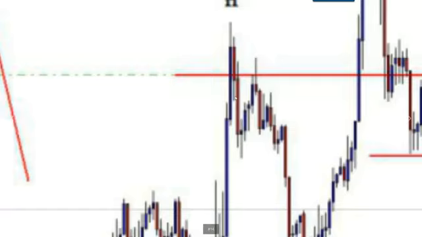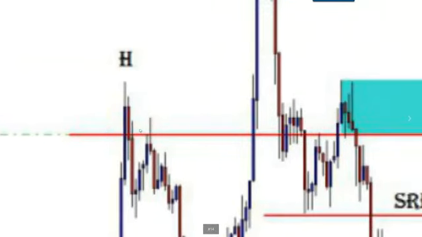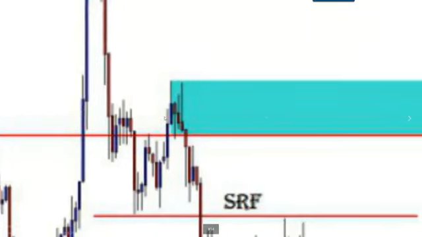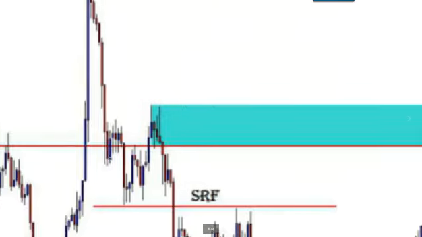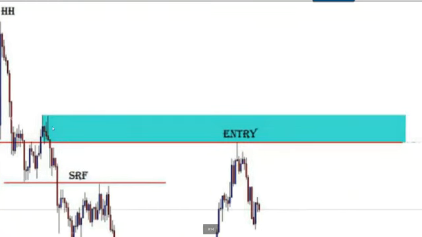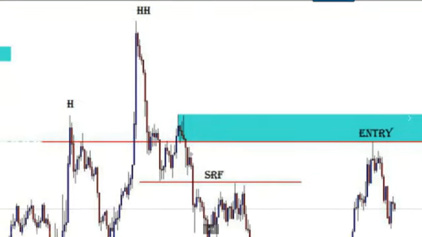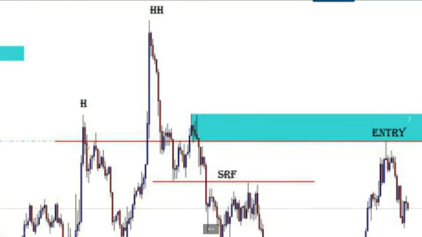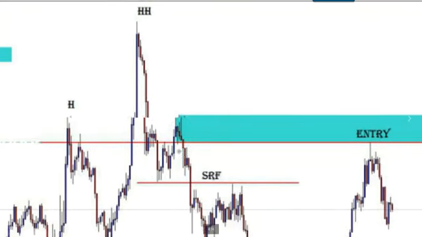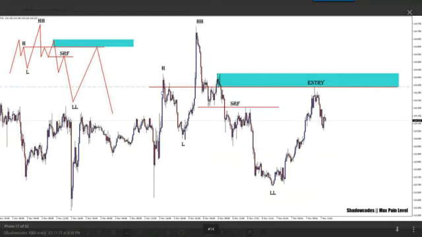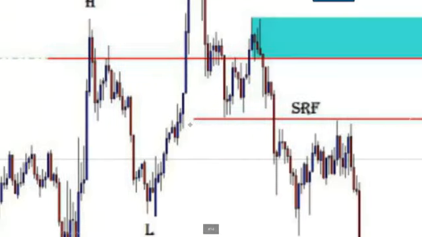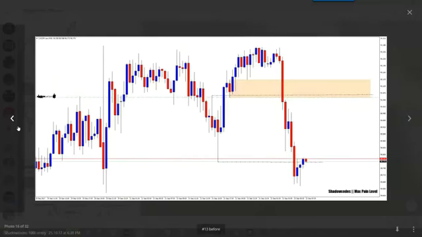Shadowcode type 1. Okay. Sometimes I draw on my page something like SRF, this zone, just to hide the thing that I used to enter. Okay. But for a very sharp eye, they should be able to see this. Okay. This shadow is Shadowcode type 1.